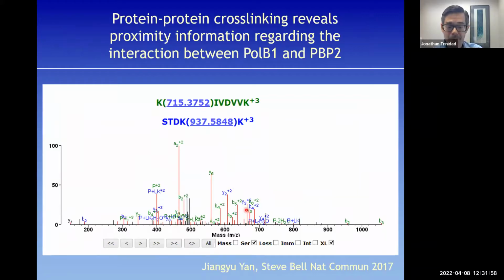So here's an example of what a cross-linked spectra would look like. Here's one sequence in green and the other sequence in blue, and you can see the corresponding labeling of different ion types. This, of course, since I'm showing it to you, is a really good example of a data-rich cross-linked MS2 spectra.